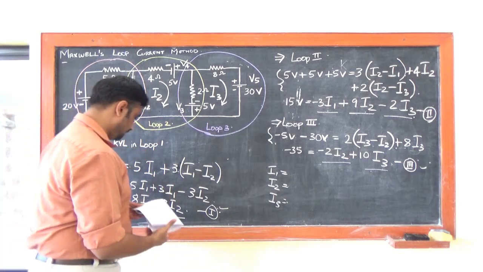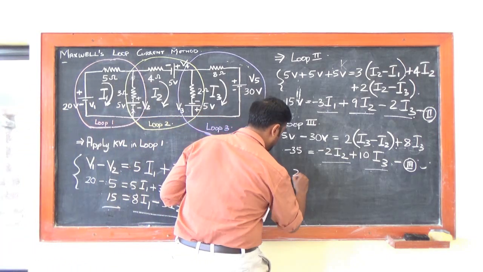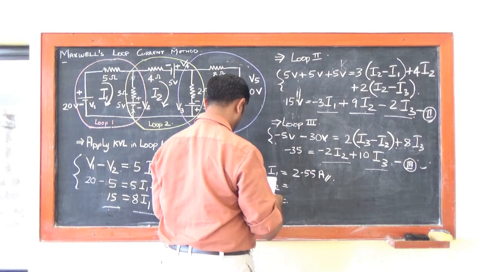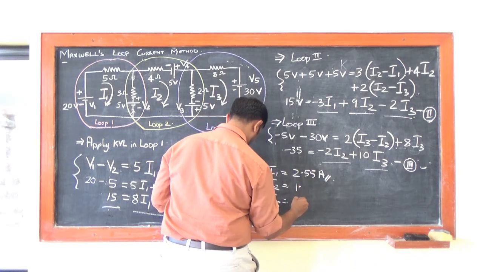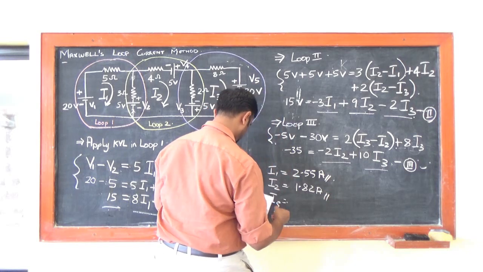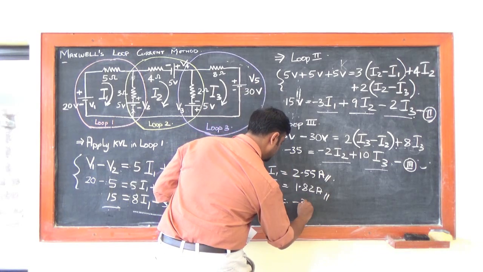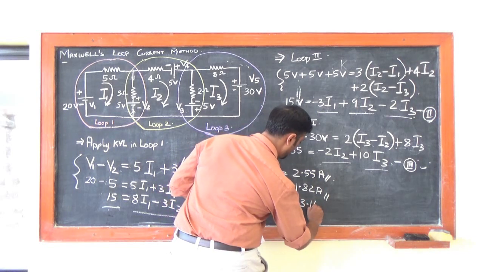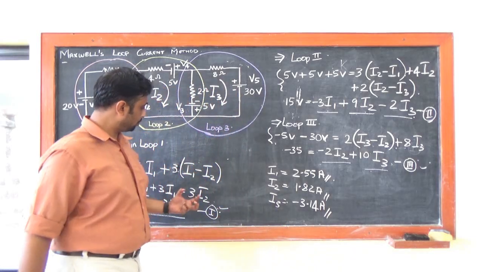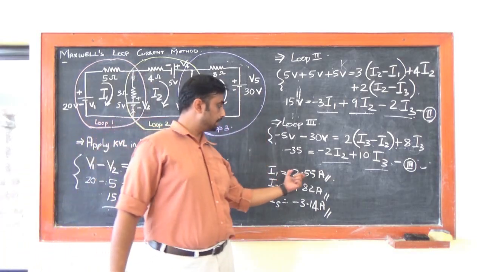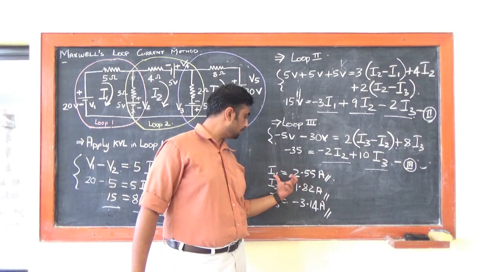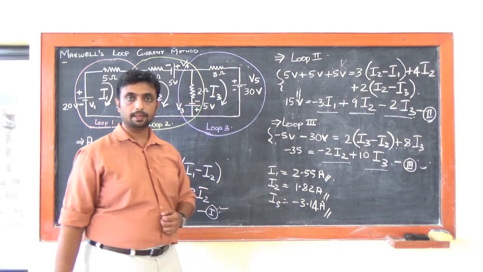So the values obtained are 2.55 amps for I1, I2 is 1.82 amps and I3 is minus 3.14 amps. So we took all these three equations and substituted them in the calculator, using the equation mode, and we found out the values of I1, I2 and I3.